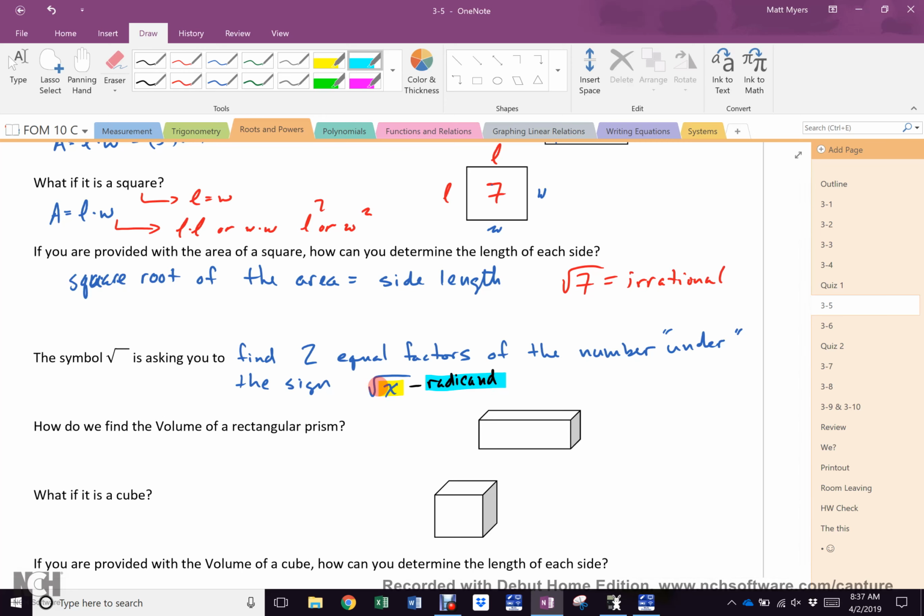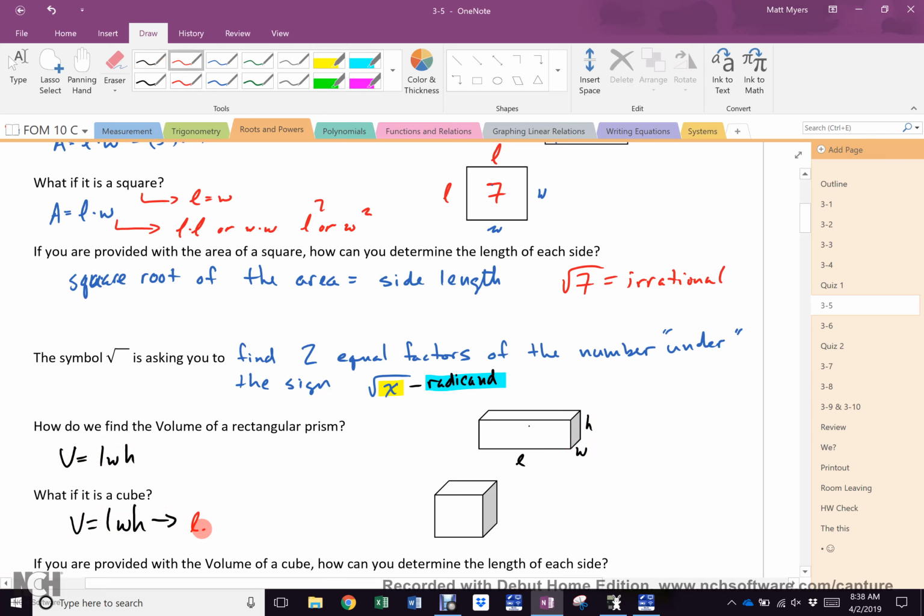Okay. How would I find the volume of this prism? Length times width times height, right? LWH. What if it's a cube? Is it still LWH? Yeah, but they're all the same.